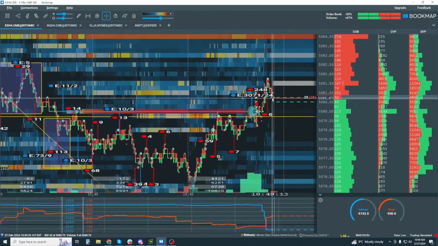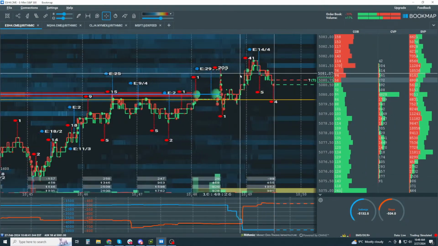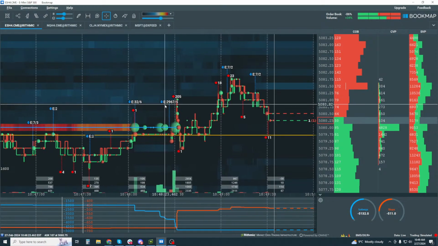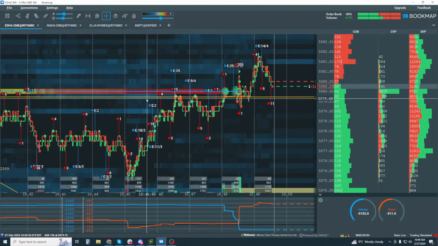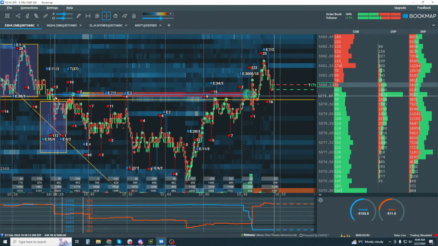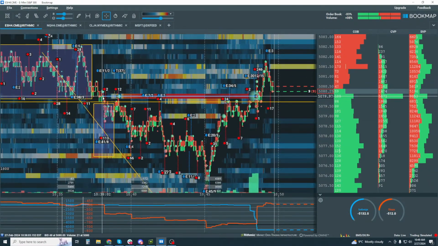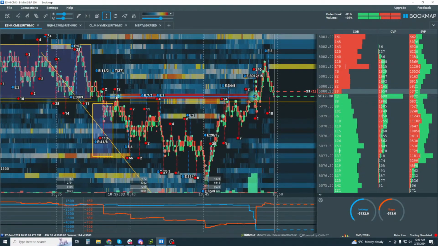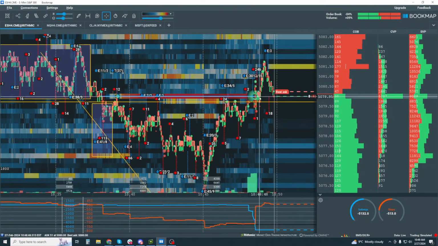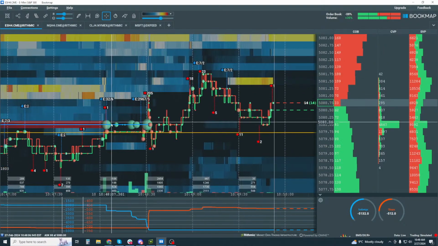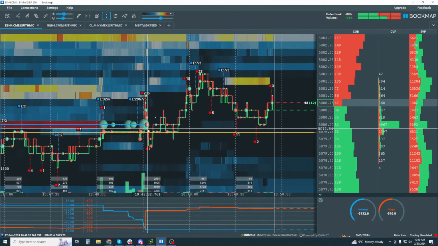All right, so it was over 3,000, looks like. No, just around 3,000, right in this little area here. Now, this iceberg had been in there for a while, in fact. See how it initiated way back here and transacted a little bit in this area here and then transacted a lot more here, obviously. Okay, right into it.